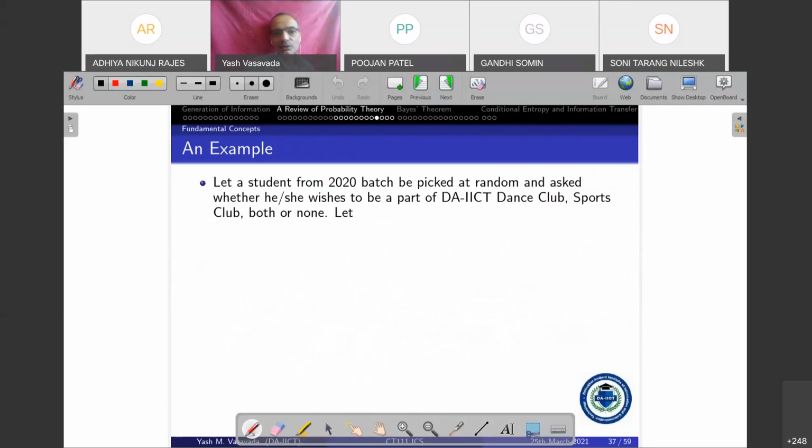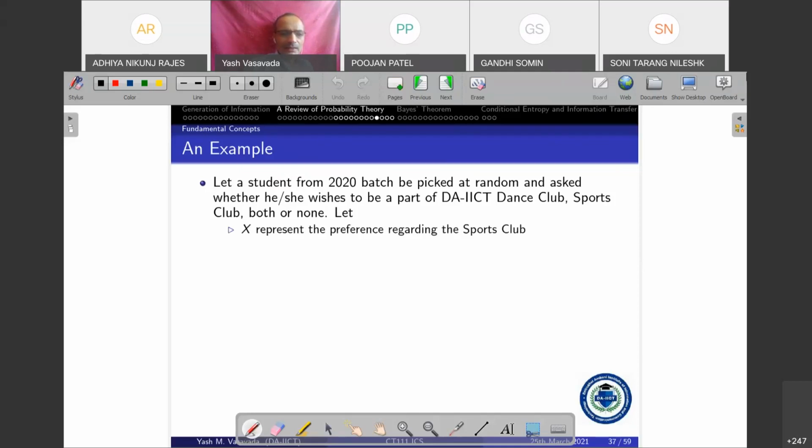And in this poll, the person goes to each one of you and asks whether you want to be part of the dance club at this institute, or a sports club, or if you wish, you can be part of both. Or if you are not interested in either dance or sports, you can opt out and say, I don't want to be part of either one of them, right?